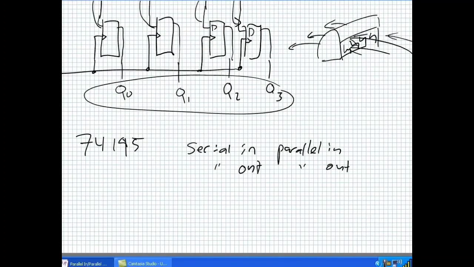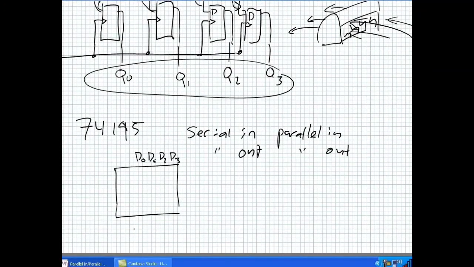And so how this guy looks is, it's 4 bits. So here's our loads, our data ins, and here's our outs.